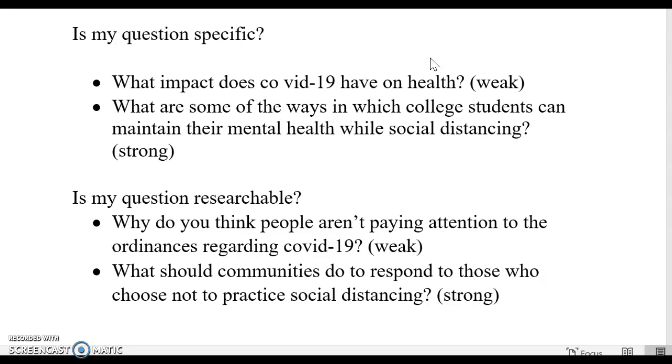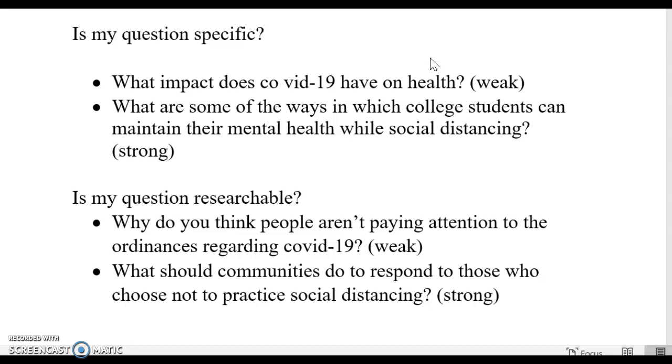Is your question researchable? So this is a big one that I've seen. I saw some questions that were kind of like, why do people do what they do questions, which, sometimes there just aren't answers for those questions. And if there are answers, they tend to be really, really complicated, about human nature.